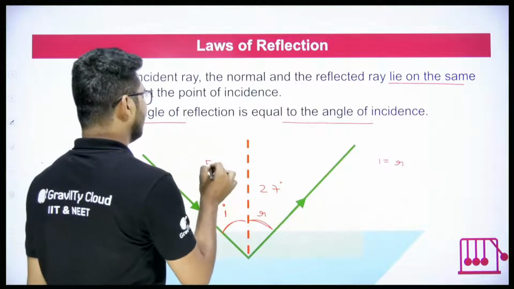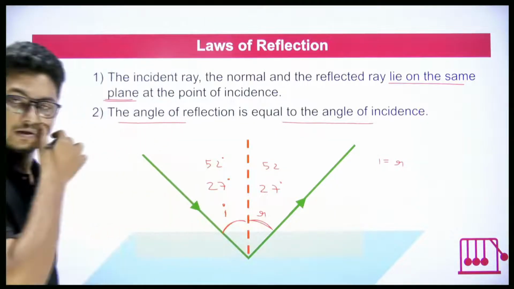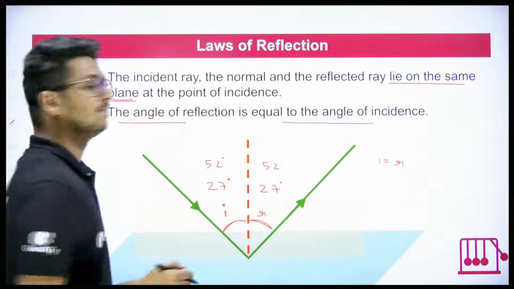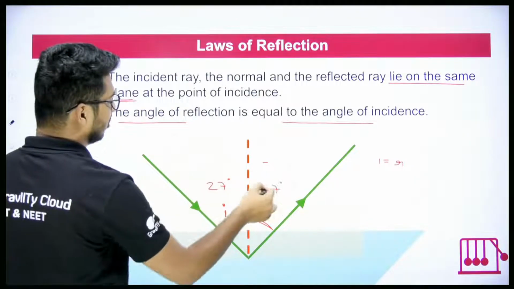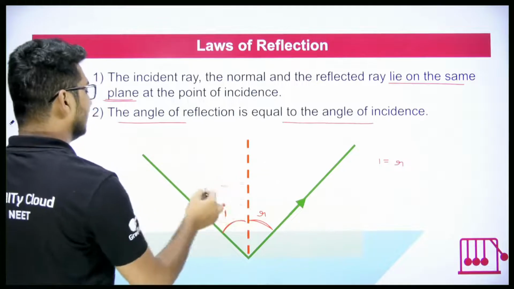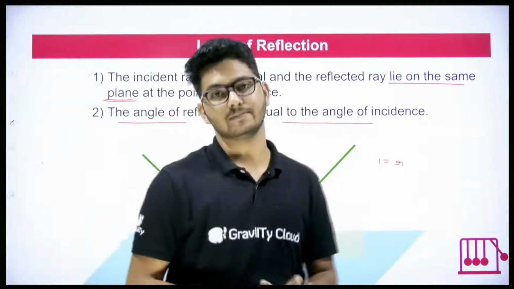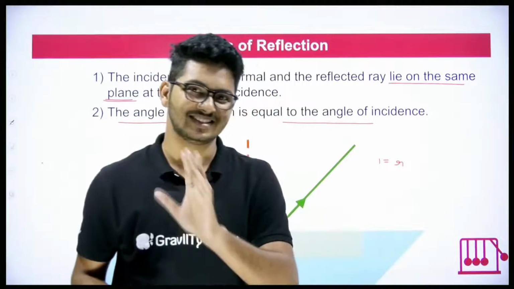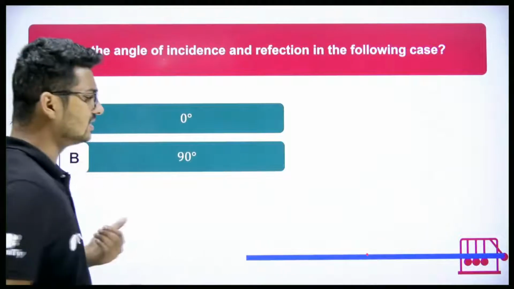If i is 52 degrees, r also will be 52 degrees. Both of their angles will be equal. So, very important laws. They help us in predicting the direction of the reflected ray. Clear? Simple enough? Okay, let's continue. So, we have a very simple question here.